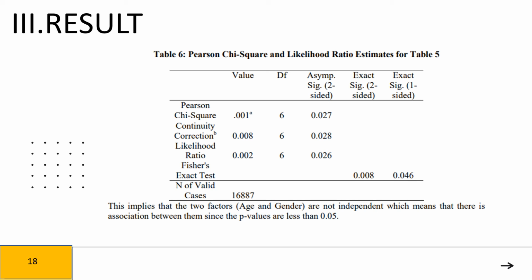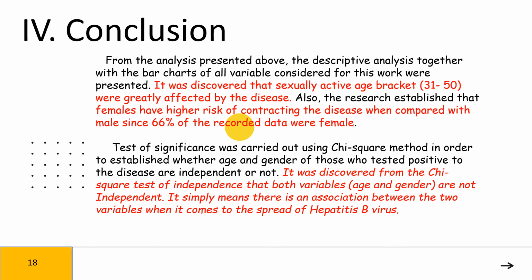So when you look at the chi-square, the significance level they wished to use is 0.001 or the 1%, and the degree of freedom they used is 6, and the asymptotic significance is 0.027, which is less than our p-value of 0.05.